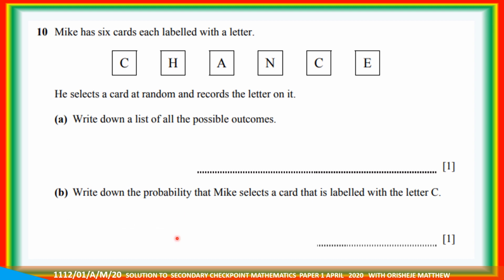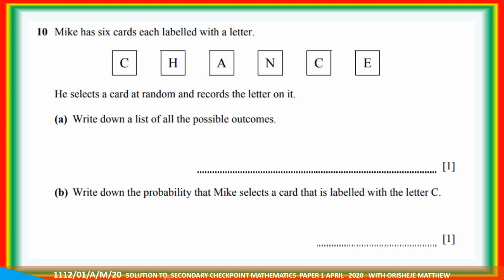So let's look at question 10. Mike has 6 cards, each labeled with a letter: C, H, A, N, C, and E. He selected a card at random and recorded the letter on it. Write down a list of all the possible outcomes.